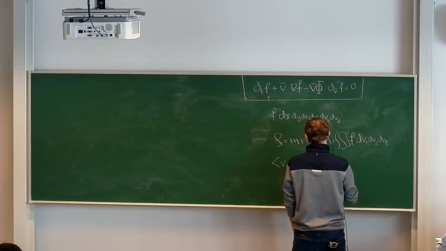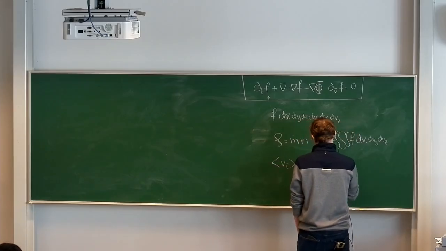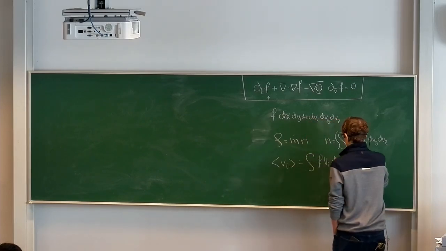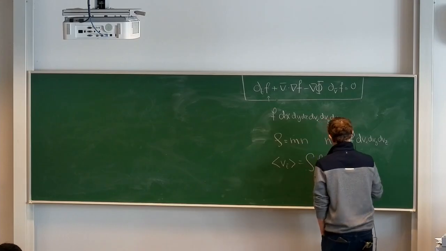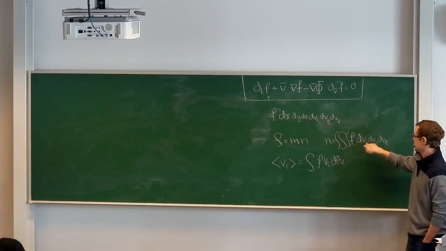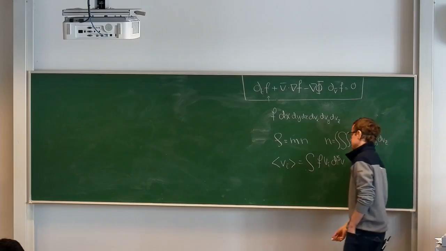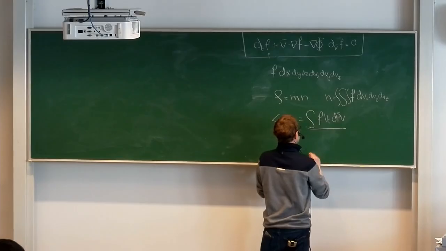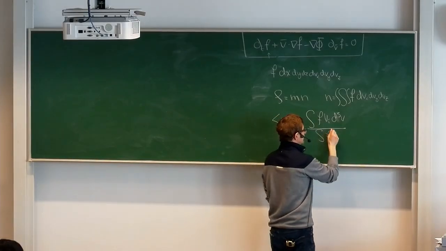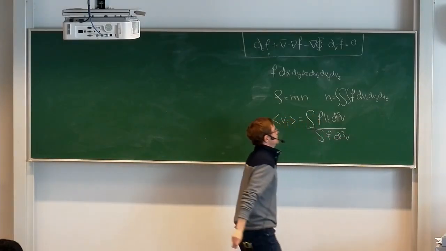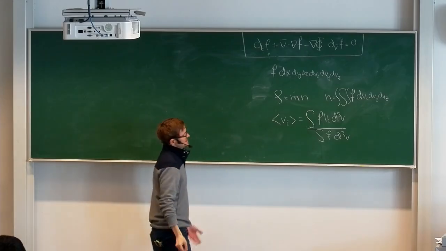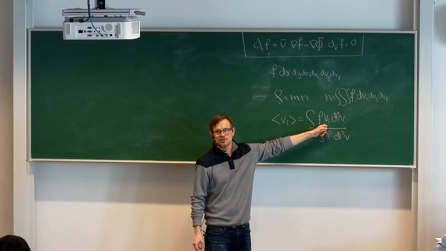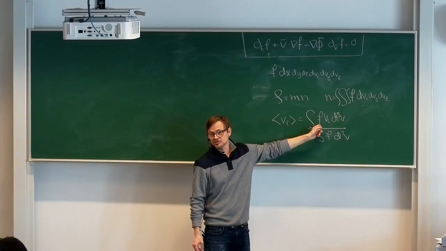The first is the integral of f weighted by v, with d3v, which just takes the vx, vy, vz, divided by the integral of f. So you can see that this is essentially the velocity average of the distribution function.